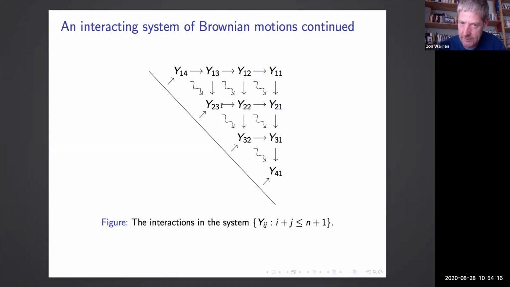It's kept in that relative position by impulses that push it down and up if it tries to get out of that interval. And the diagonal squiggly line is the thing that tells you that the drift of Y22 depends on its relative position to Y13, okay? So it's a fairly complicated system of interacting Brownian motions, but it has the nice property that the top row is our previous Y process.